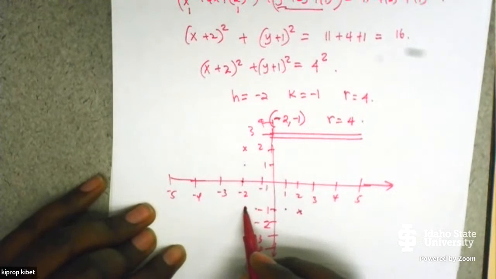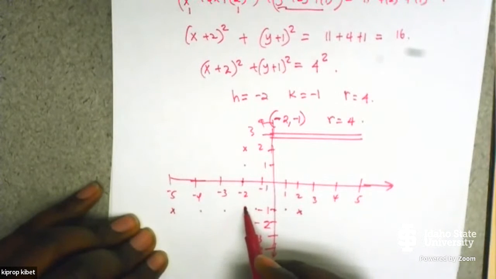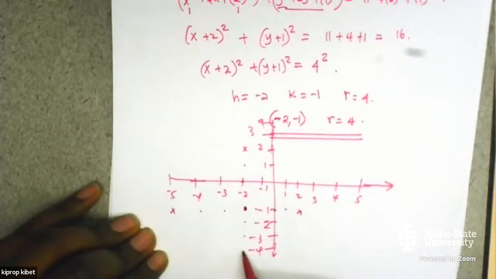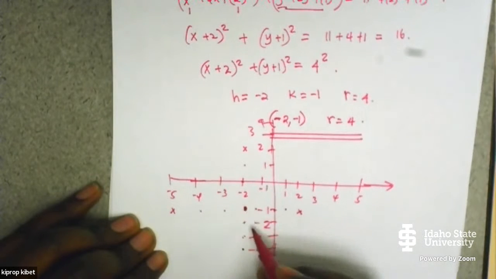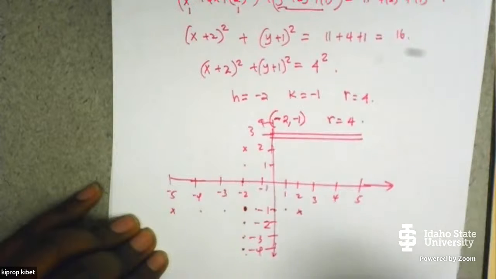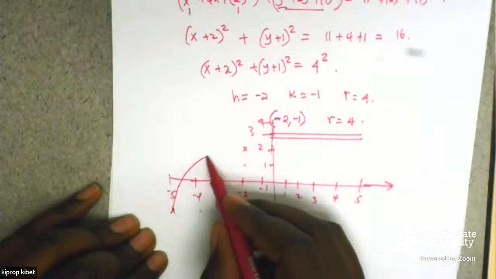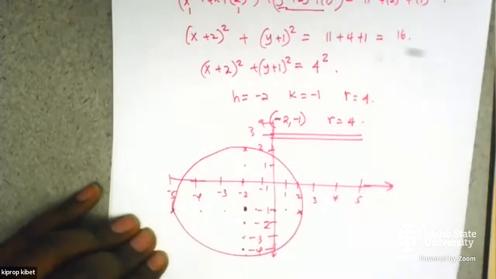Same distance, 1, 2, 3, 4, in every direction. So it should be 4 steps. Then you circle, touching all of those points. So that is how it is done.